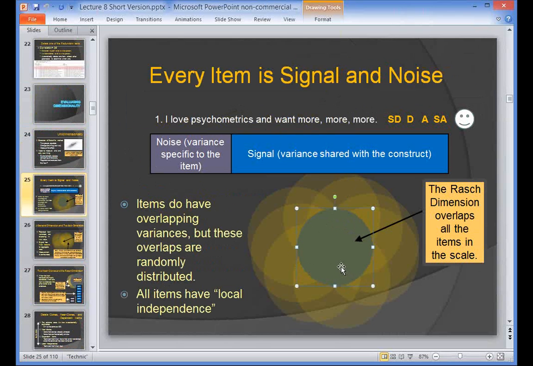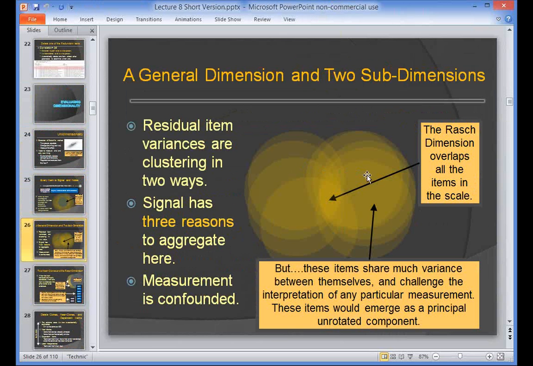This is going to be the ideal case, and this is the case that the Rasch analysis is basically going to aim for. The problem with this is that it's too ideal. In real life, the error variances of the items are rarely randomly distributed. That's why, for example, if you take the items and feed them into a factor analysis, you often get more than one factor out of the factor analysis.